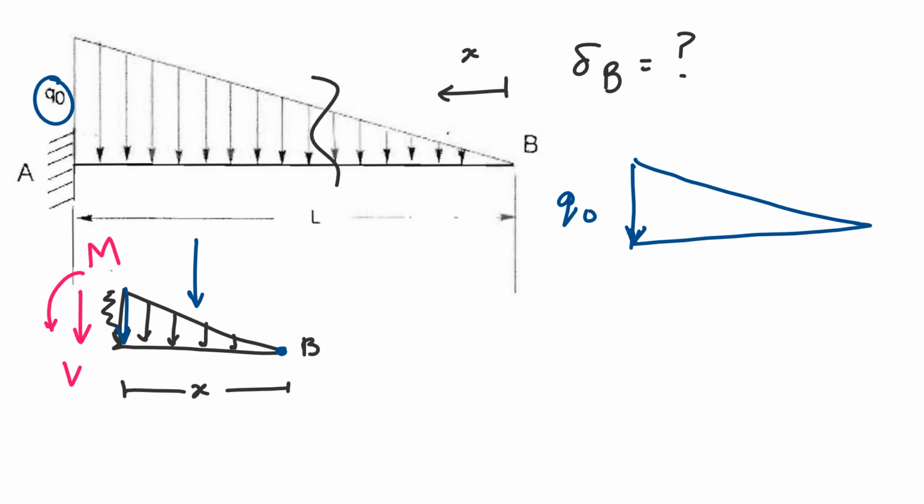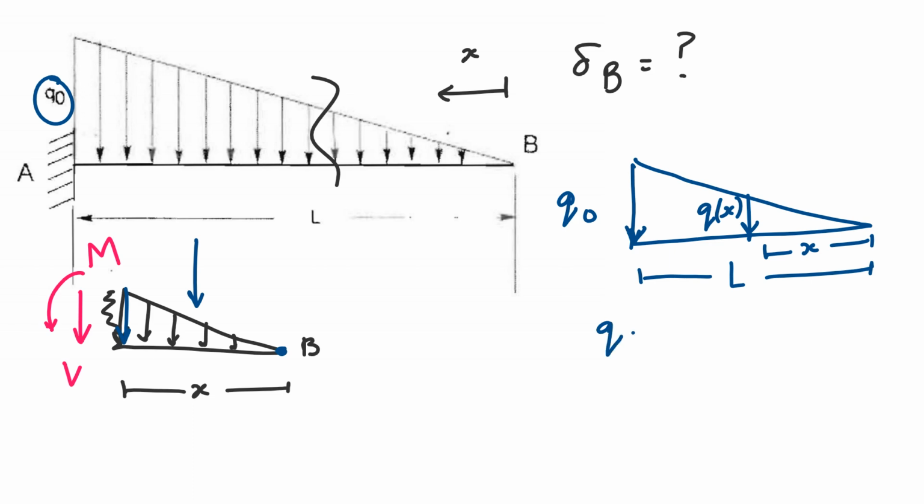But we're interested in the load at point X. Remember, our coordinate system starts here, so point X is going to be right here. We're interested in what this load is. We're going to call it just Q, or you can even call it Q of X. And the way we're going to do this is similar triangles, once again. We know that the ratios have to be consistent.